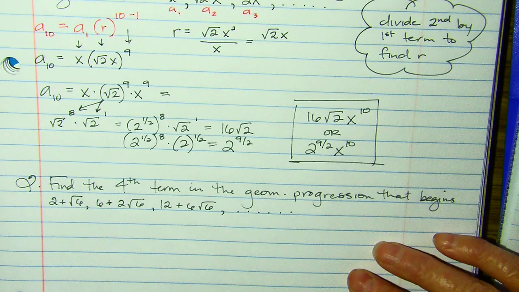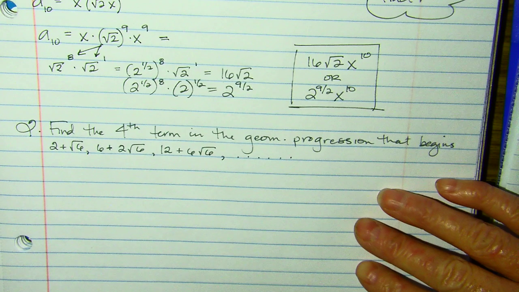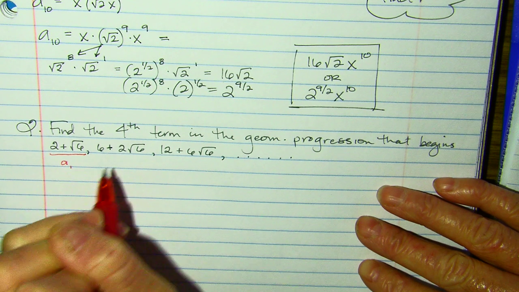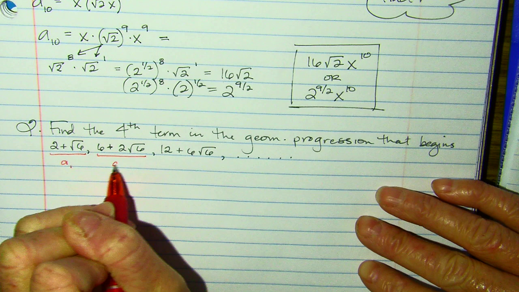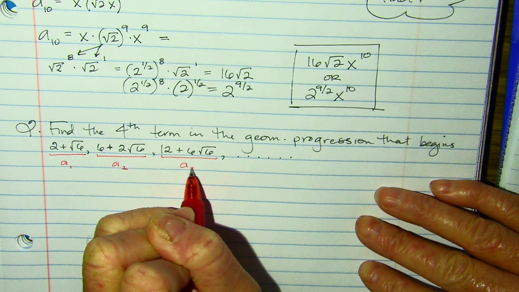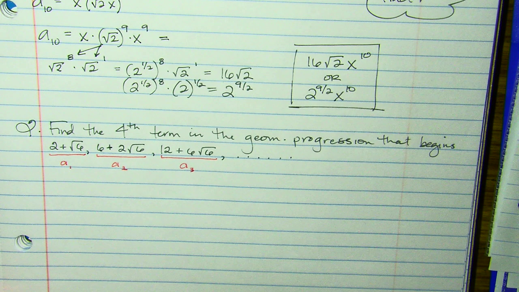Okay, so here's my geometric progression. I know that this is a1, this is term 2 or a2, this is term 3, and they want the 4th term, so they just want one more.